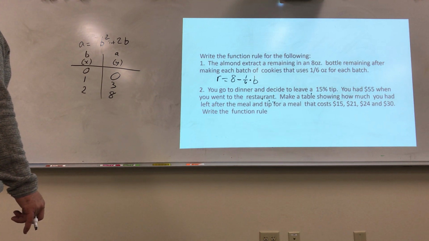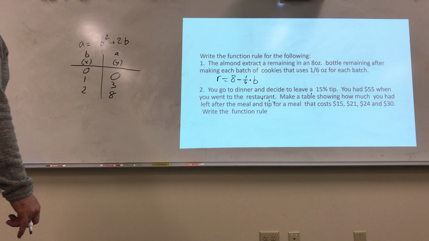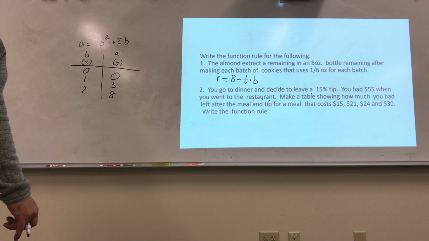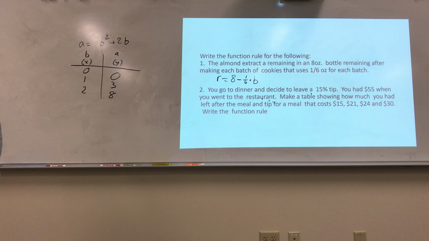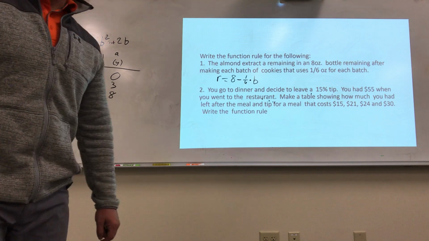You go to dinner and decide to leave a 15% tip. You had $55 when you went to the restaurant. Make a table that shows how much you had left after the meal and tip that cost 15, 21, 24, and 30. Write the function rule.